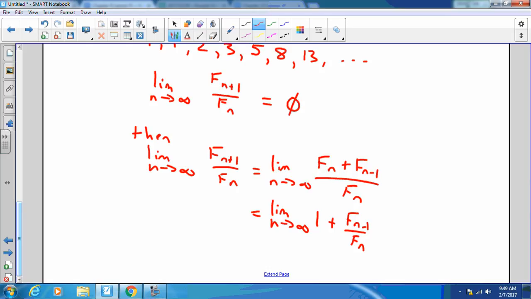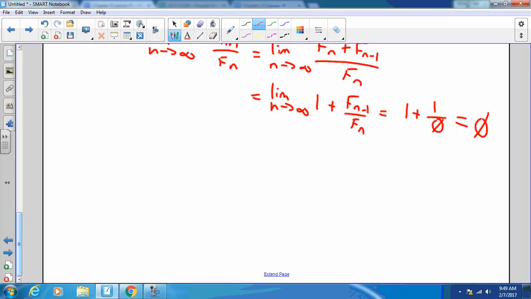And as n goes to infinity, f(n) over f(n-1) has to be the same as f(n+1) over f(n), so that this is 1 plus 1 over phi. And what we have discovered is that this phi satisfies the relationship phi equals 1 plus 1 over phi. That's an equation in one variable. I can solve for it.